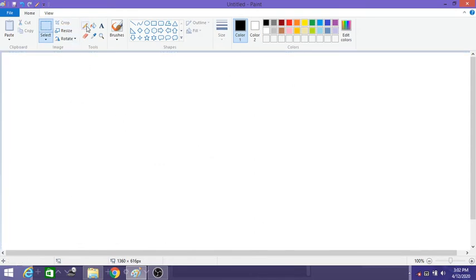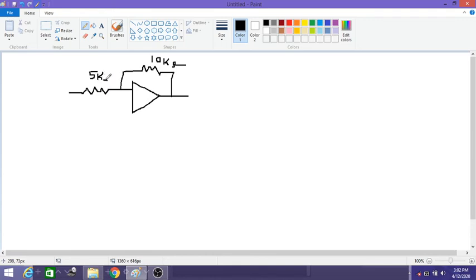So here one circuit is given, a very interesting circuit. There is a feedback resistor of 10 kilo ohms, and this is 5 kilo ohms, and there is one resistor here, and there is one more resistor here which is connected to one more Opamp.